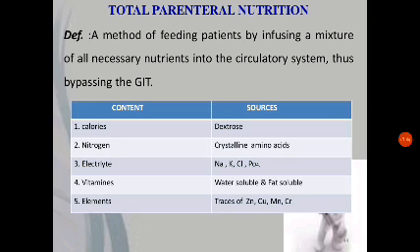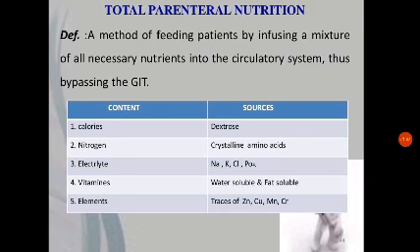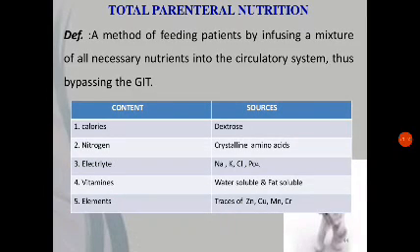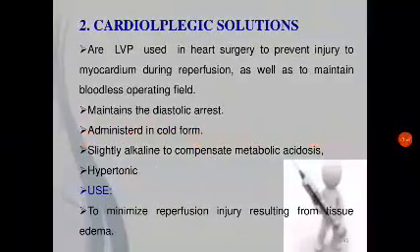Water soluble and fat soluble vitamins are also included along with some trace elements. So this is done for undernutrition, for people who are bedridden, by infusing a mixture of the TPN into the circulatory system.